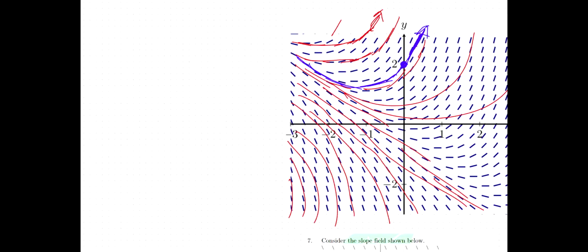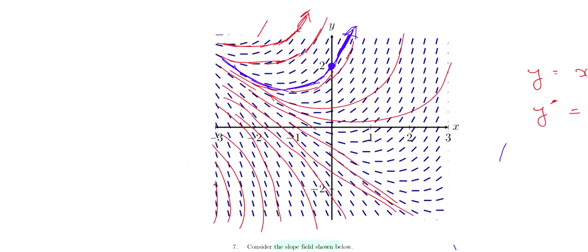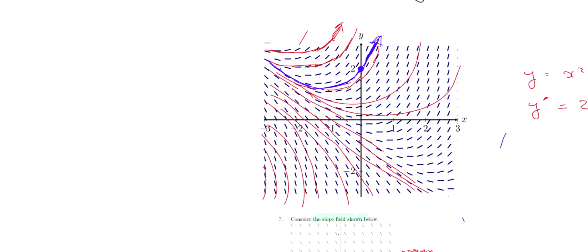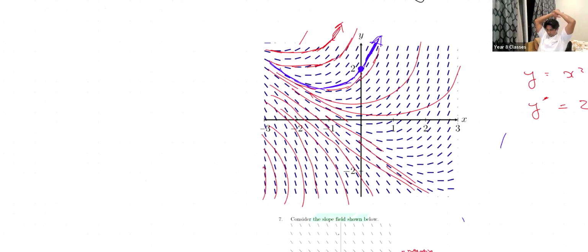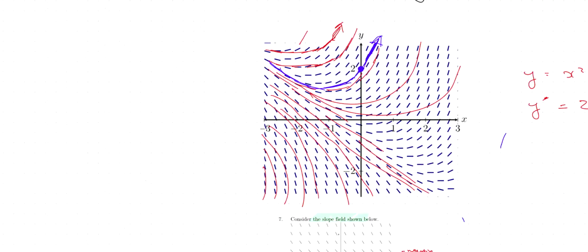I was just kind of confused because earlier in the year, when we were doing differential equations and graphing them, it would just say draw one variation of this.